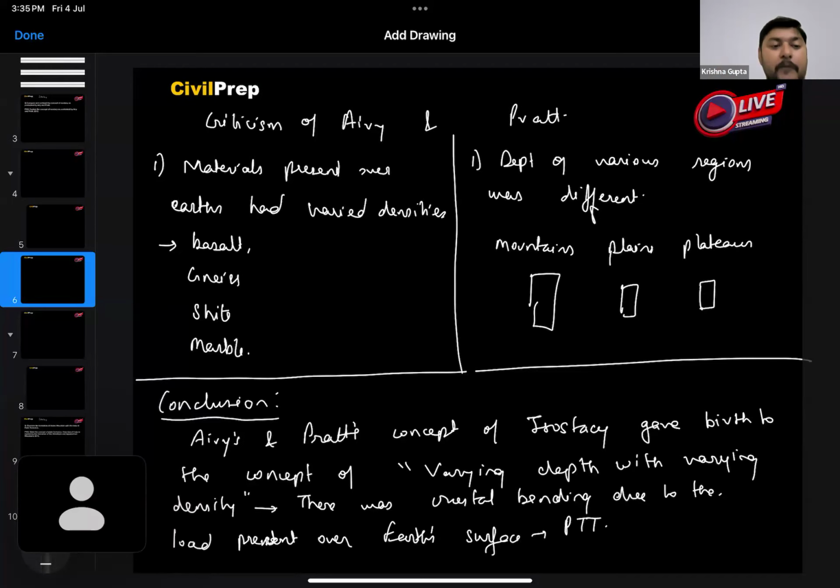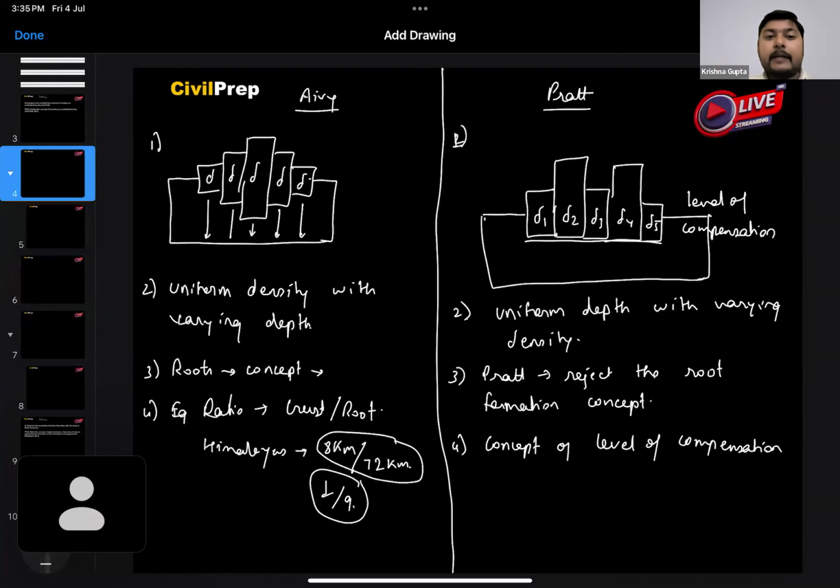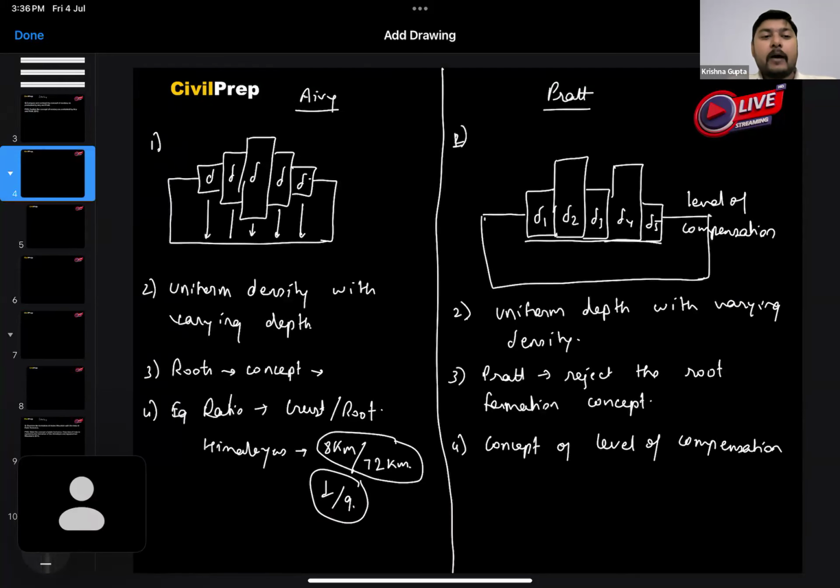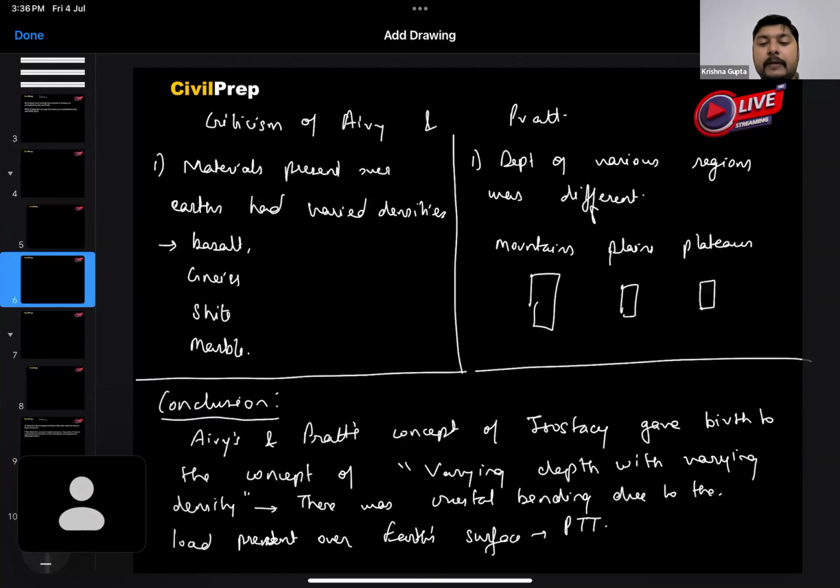So guys, this is the answer for the question that is asked here: compare and contrast the concepts of isostasy as postulated by Airy and Pratt. So here we have compared both Airy and Pratt, how they have been looking at the concept differently from each other, and how the crustal bending phenomenon was introduced by plate tectonics theory, which provided for varying depth with varying density.